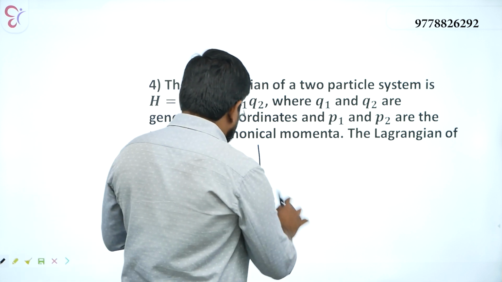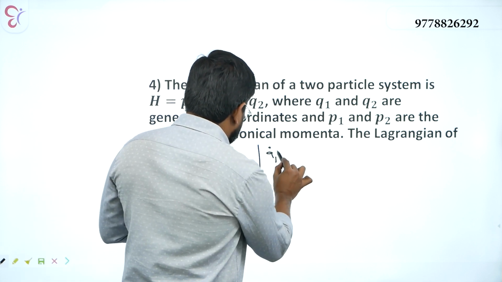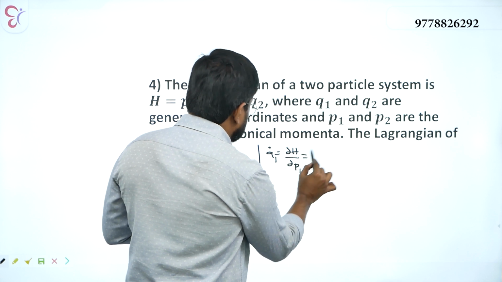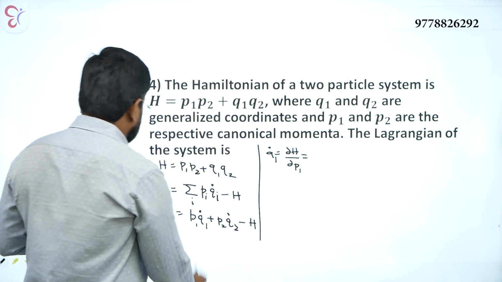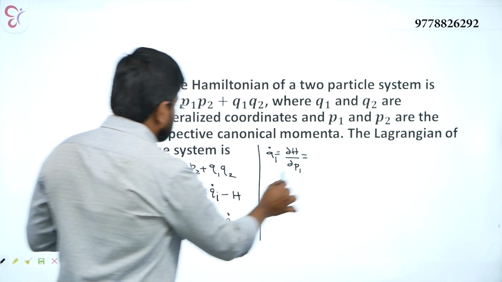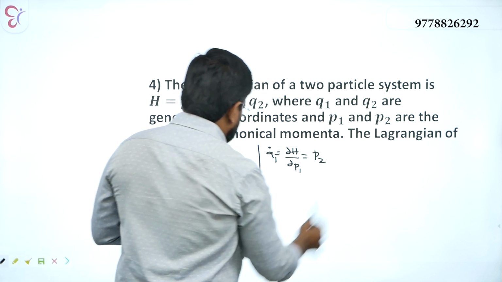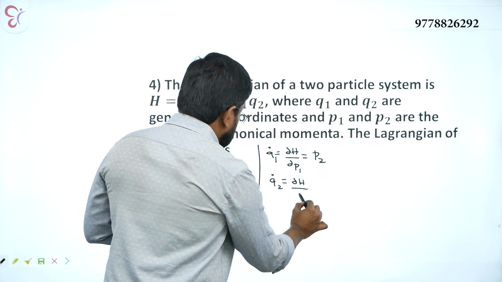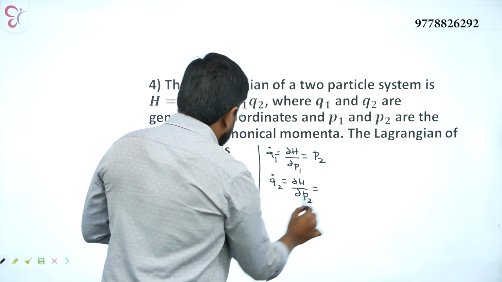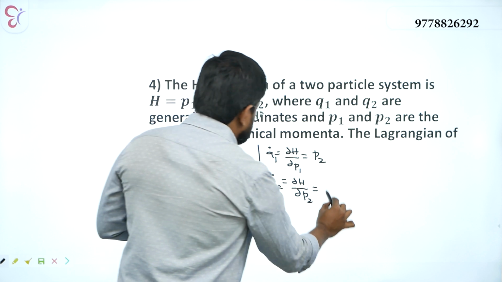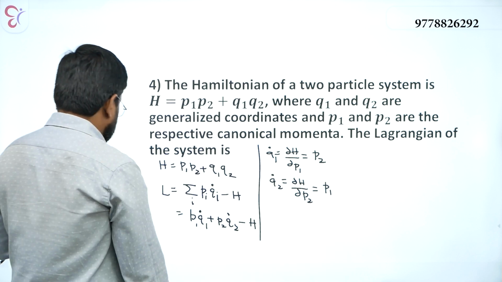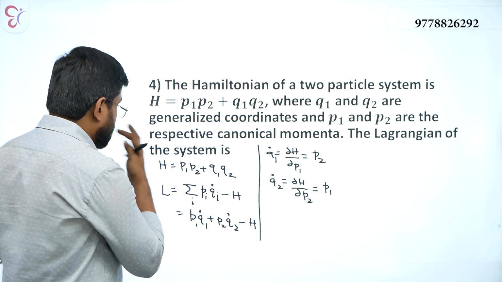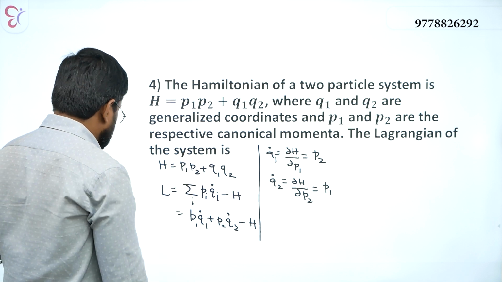So what is Q1 dot? Q1 dot is equal to dou H by dou P1, and dou H by dou P1 is P2. And Q2 dot is dou H by dou P2, and dou H by dou P2 is P1. Clear? Okay, so you have got Q1 dot and Q2 dot.